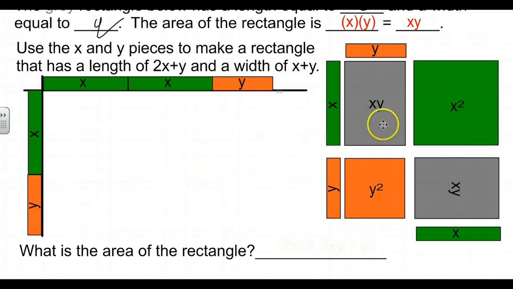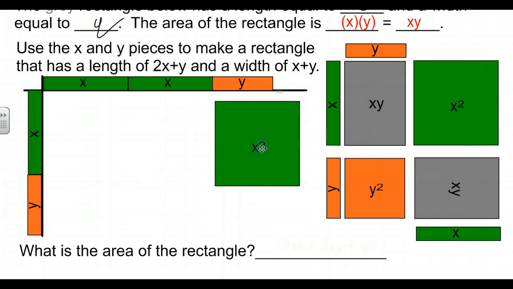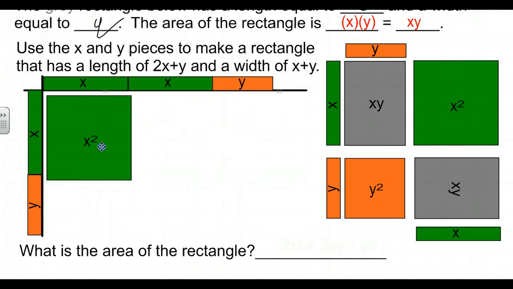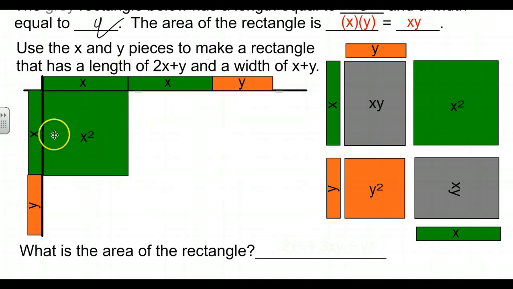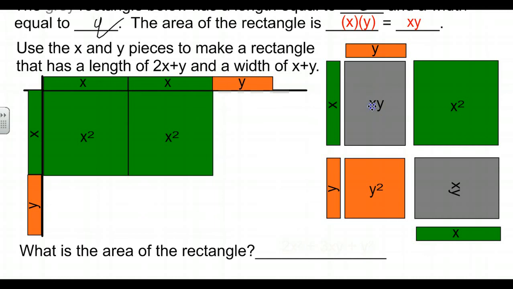Well, in here we're going to fit a green x squared, so we have x times x. And in here we can fit an x squared. And in here we need something that's y wide but x long. So hey, look at that, because it's y, x. And that's what we have over here.